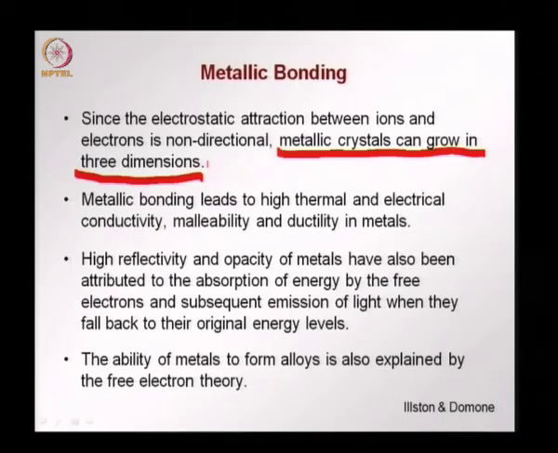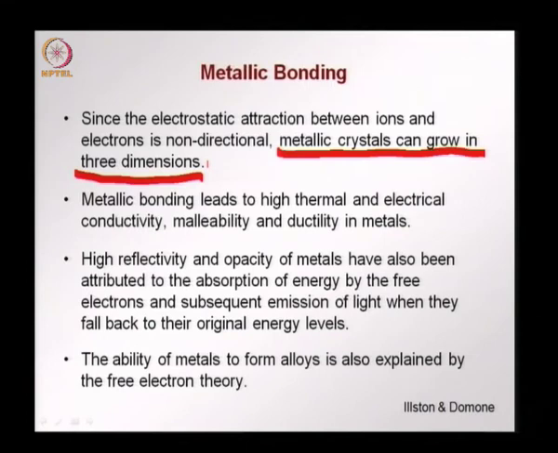That means the properties are the same in all directions, and we can have different shapes and sizes being built up with a metal. The type of bond and its properties also give rise to the high thermal and electrical conductivity of the metallic bond, its malleability and ductility.